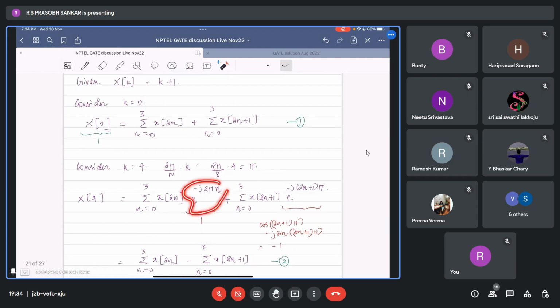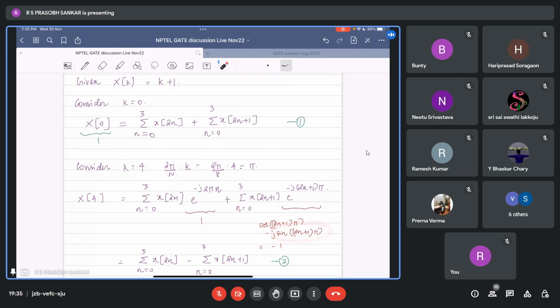Now, what is e raised to minus j 2 pi n? This is always 1 for all values of n, because this is like cos 2 pi n plus j sin 2 pi n. Similarly, this second term is cos of (2n plus 1) pi minus j sin of (2n plus 1) pi.